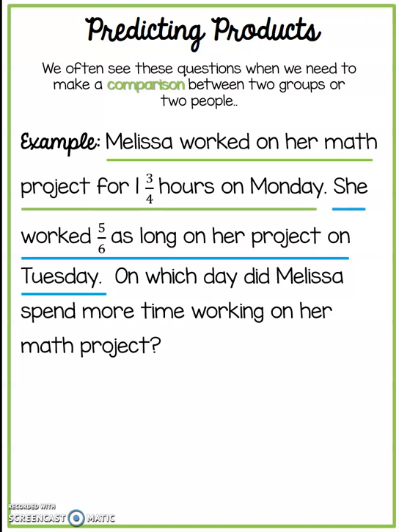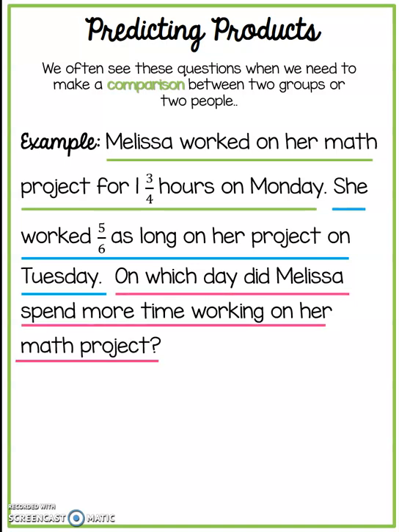Finally, the question sentence asks, on which day did Melissa spend more time working on her math project? So I don't need to find the exact number of hours she worked on Tuesday, but instead I can use a comparison. So if I know she worked 1 3/4 hours on Monday, I can compare Tuesday's amount to Monday without even having to solve.